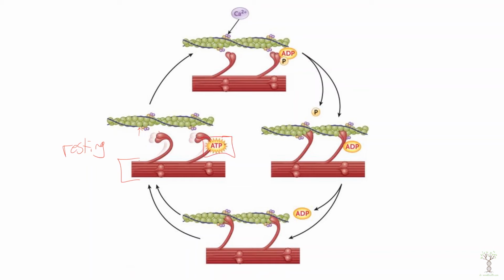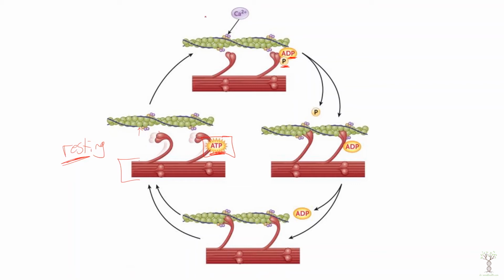But notice that there is an ATP molecule that is bound to the myosin in the resting or relaxed state. Now, that ATP is going to hydrolyze. When it hydrolyzes, it becomes adenosine diphosphate and a phosphate molecule, and they stay stuck to the myosin head.